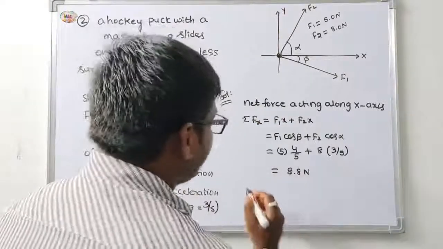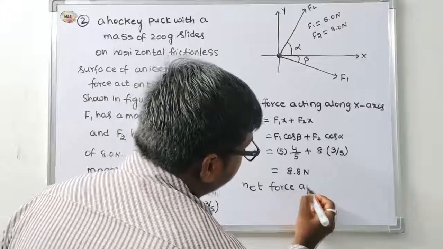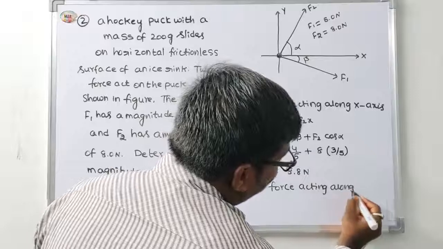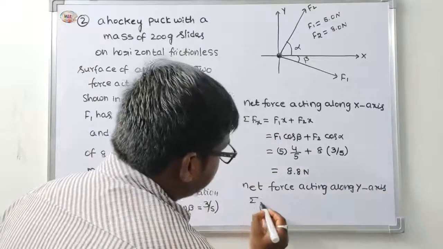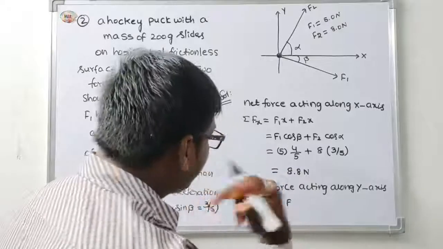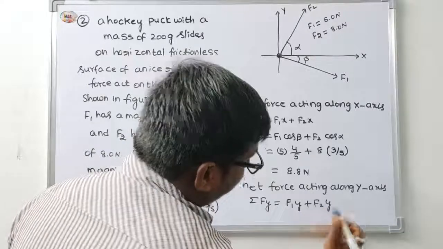Next, the net force acting along the y-axis. Sigma Fy is equal to F1y plus F2y.